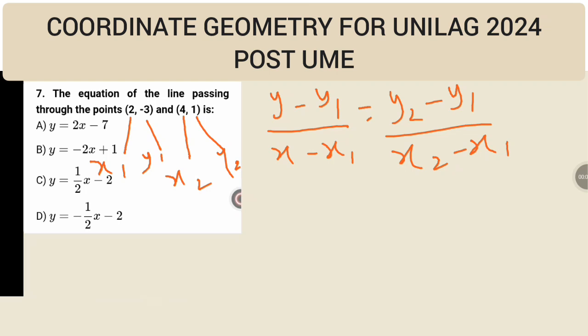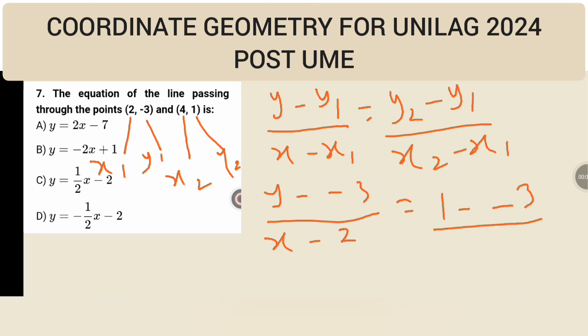So let's start with the first one. So you have y minus, then y1 is minus 3 divided by x minus x1 in this question is 2 is equals to y2 is 1 minus, then y1 is minus 3.